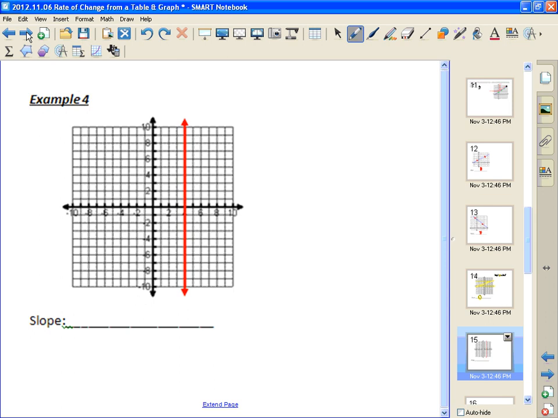Okay, then a vertical line has a slope that we call undefined. Oops, if I could spell it, that would be even better. Undefined. The reason that it's undefined is that for any point that you pick on this vertical line, remember slope is defined as the change in y over the change in x.